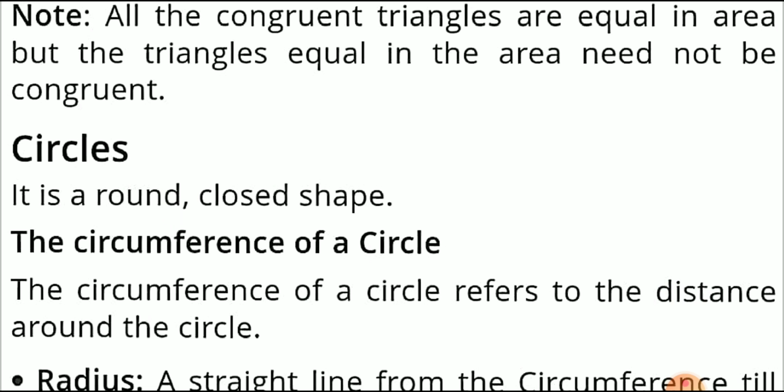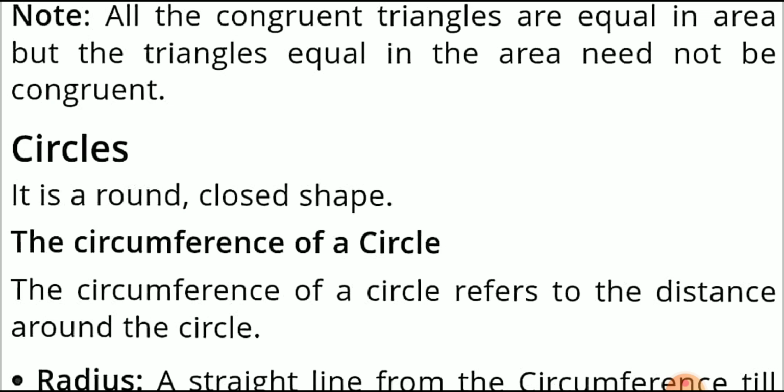The circumference of a circle is just like the perimeter of a triangle. The perimeter of a triangle is the length of the outer sides. So whatever the curved distance is, that is known as the circumference of the circle.